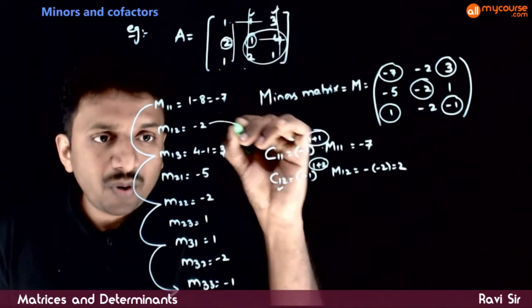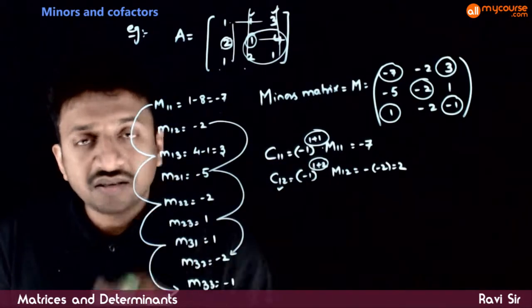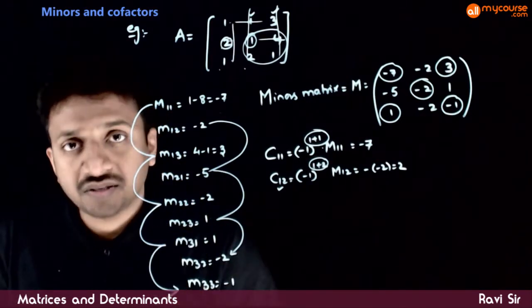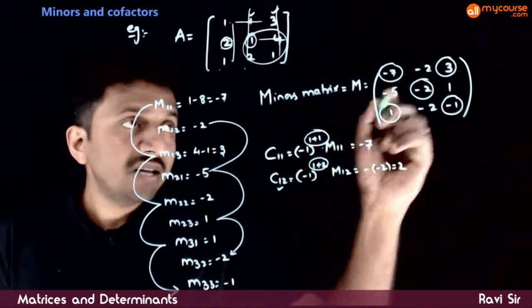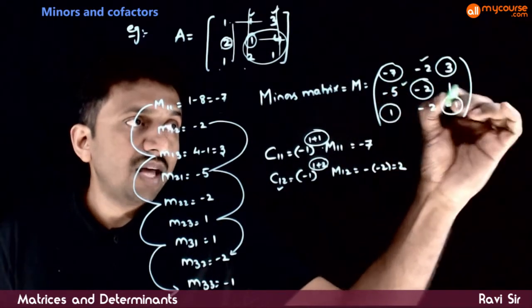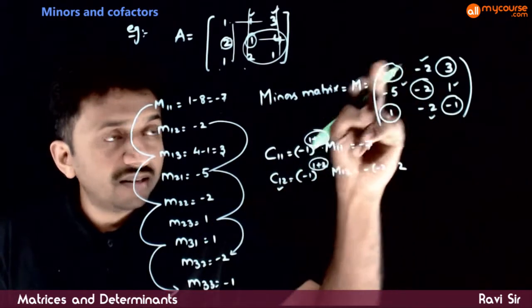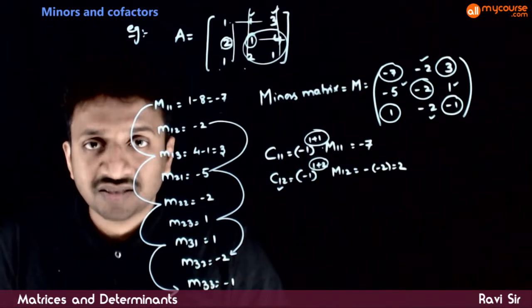And corresponding to these 4 positions, i plus j is odd. So if i plus j is odd, these 4 elements get an extra minus 1 with them and they change their signs. Whatever sign they have, they change it.